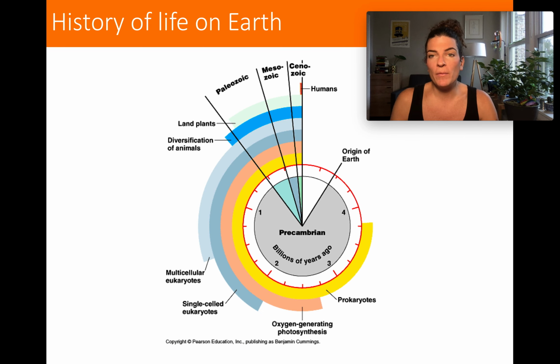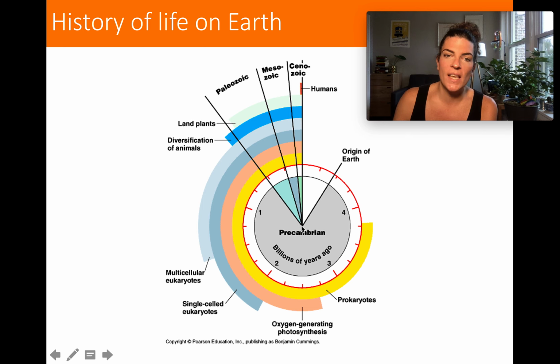In fact, if we think of the history of life on Earth as a clock, let's use a traditional clock analogy. Let's do it like a full day.